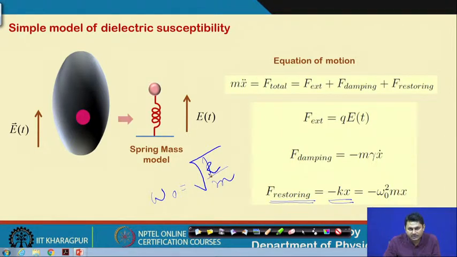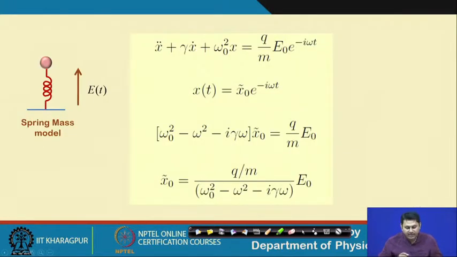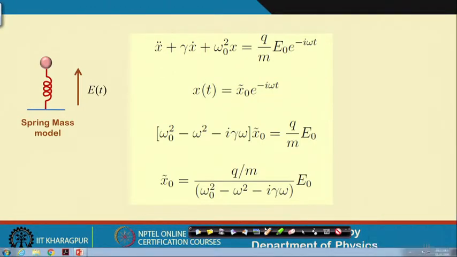So, spring constant divided by mass, and the root of that is the resonance frequency. So, this is the entire equation, and one can solve this equation very easily. If I go to the next slide, we will quickly use this Newtonian equation.